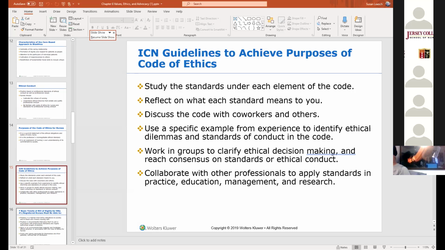You can use examples, and also work in groups to clarify ethical decision making and reach a consensus on what your expectations are for people's standards or ethical conduct. And then you can collaborate with other professionals to apply those standards.